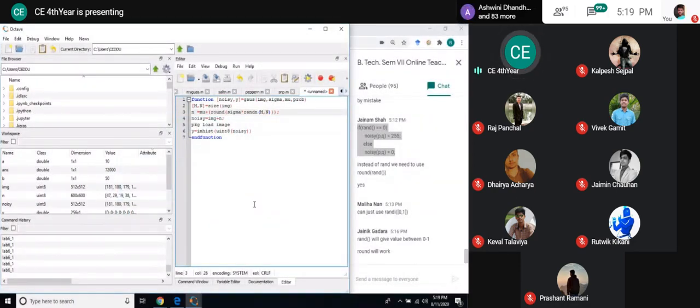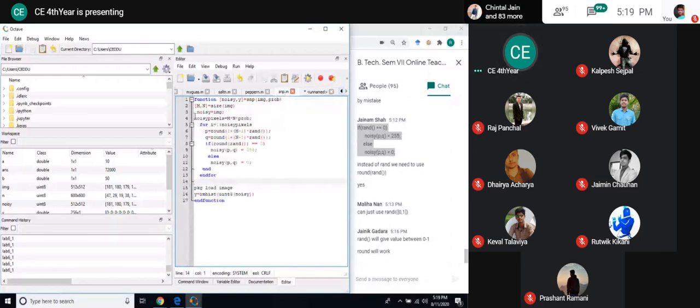What will happen? What are the changes? What was the earlier case here? First of all, I have to decide how many noisy pixels I have. What will be the change if I want to make that? Here, instead of 255 and 0, what should I do?